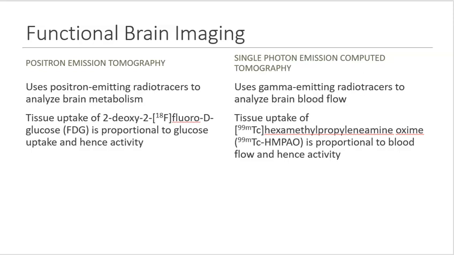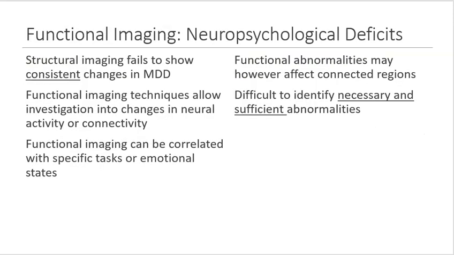So tissue uptake of this gamma emitting radio tracer is proportional to blood flow, and like an increase in glucose means more activity, more blood flow also indicates more activity. So that's how these function.